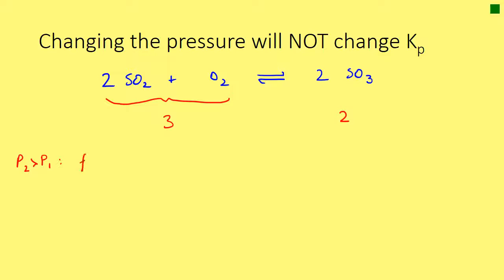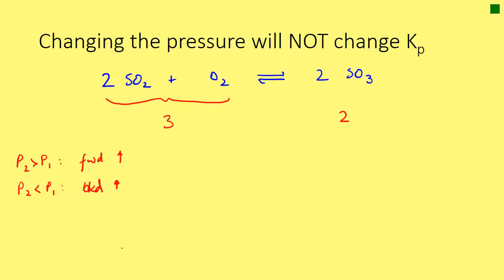So that means the forward reaction is going to proceed more at the expense of the backward reaction, and the corollary of that is that if our pressure is decreased, we're going to want to make more moles, in which case our backward reaction has increased at the expense of the forward reaction.